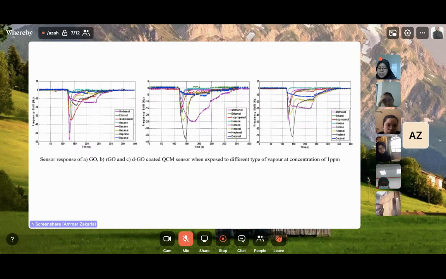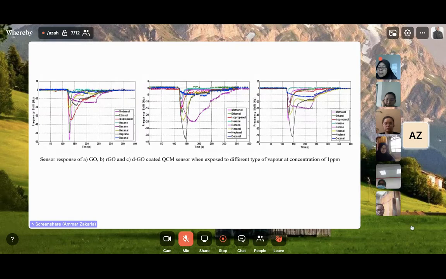The methanol is no longer sensitive. You will get a better sensitivity of the ethanol, right? When you put DGO, which I also forgot, I'm really sorry. What is DGO? Right? You can see that the behavior of the analytes is different. Right? So by having a different substrate on a different QCM, you can create a different pattern.